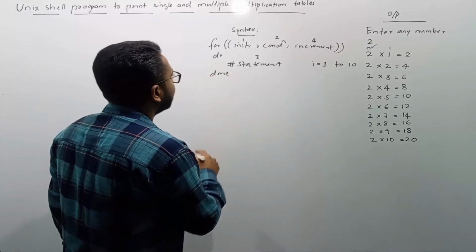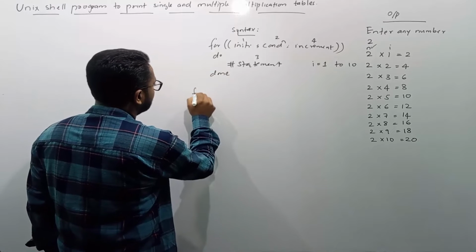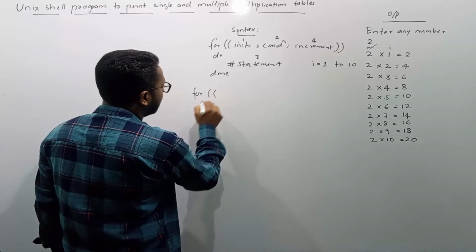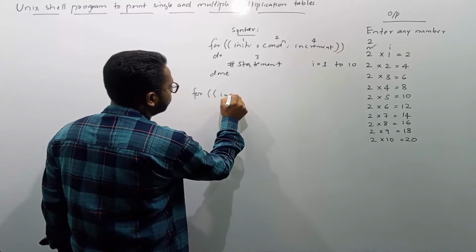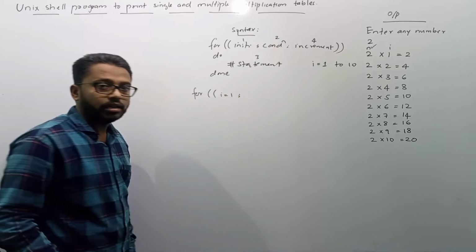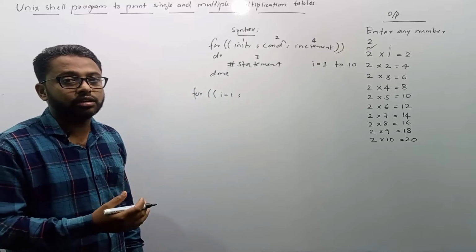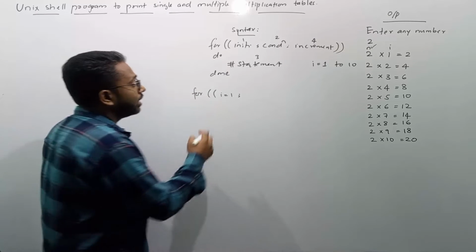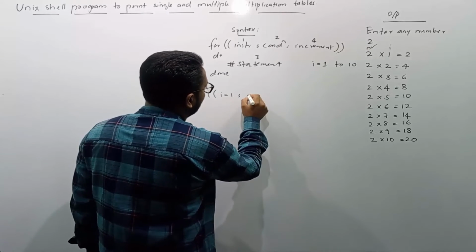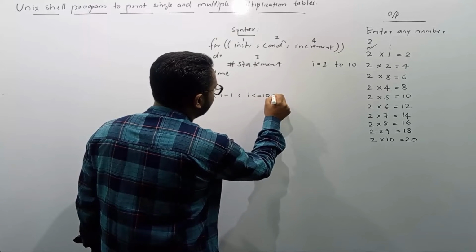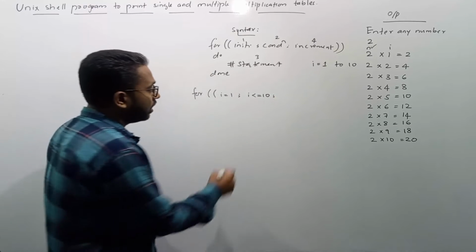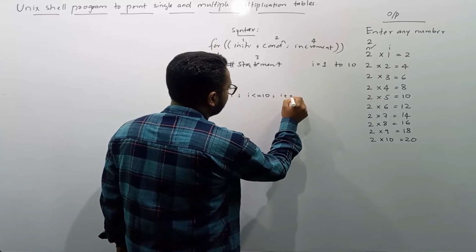According to the syntax, I will write the main code. For I, I will put I equals 1, the initialization, the initial part. And how long do I need to run this for loop? Until the value of I becomes less than or equal to 10, and I want to increment.